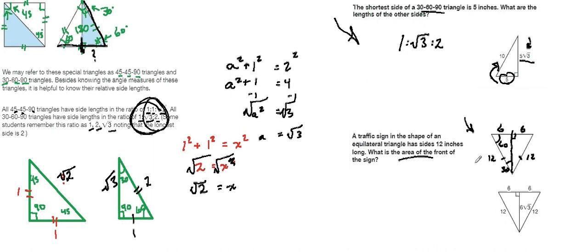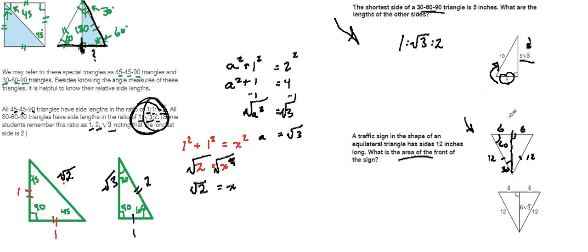What's the area of the whole sign? Okay, they're asking for this. So the formula for the area of a triangle is the perpendicular height times the base, so this times this, and then don't forget to divide by 2.